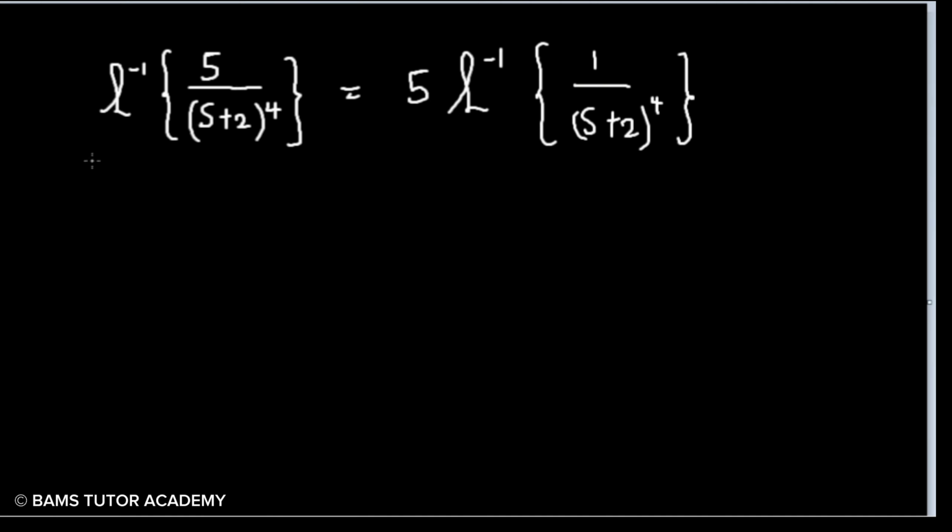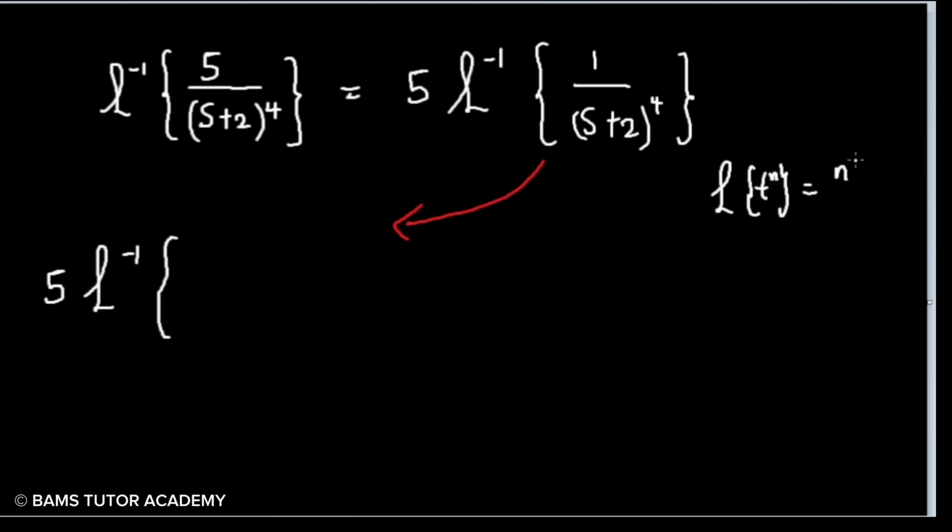Now I can write this equation in this form: the inverse Laplace of, don't forget we have 5 here, because we want to work towards t raised to power n, which we said is n factorial over s raised to power n plus 1.